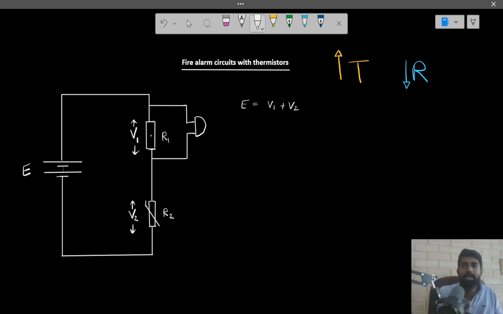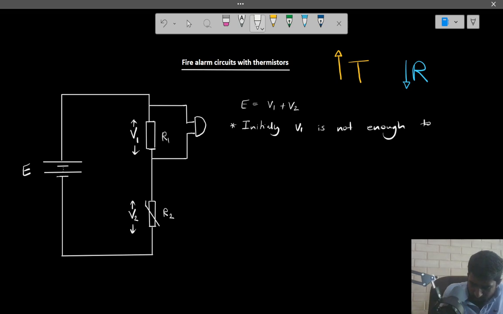Even when you supply current as given in the circuit, you don't get any sound from the bell, because V1 is not enough to power the bell. So I'll write: initially, V1 is not enough to ring the bell.